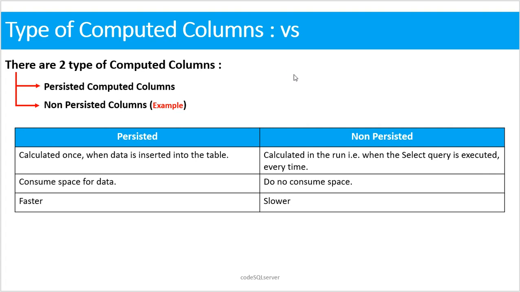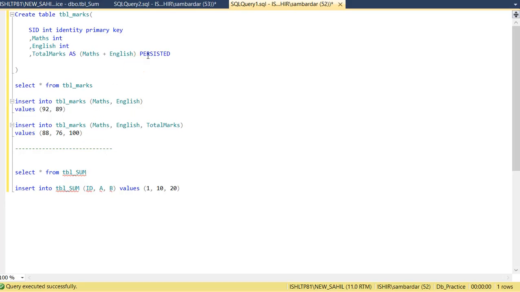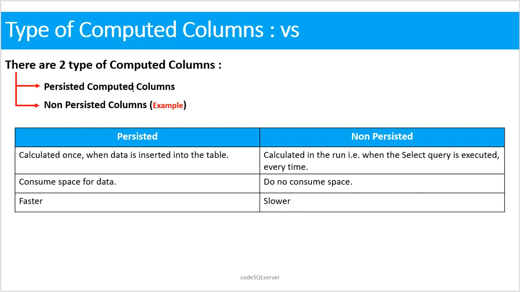What does it show? Now this is important. As I was showing you, till now we have created computed columns using the persisted property. So there are two types of computed columns: persisted and non-persisted. See, we did the persisted one. Now we'll do the non-persisted one.